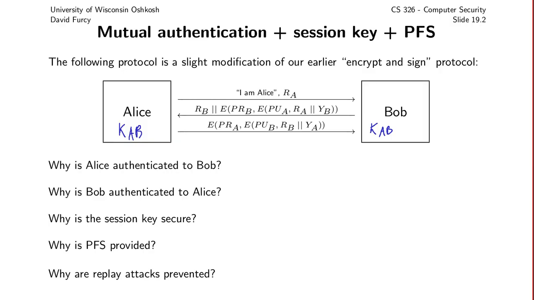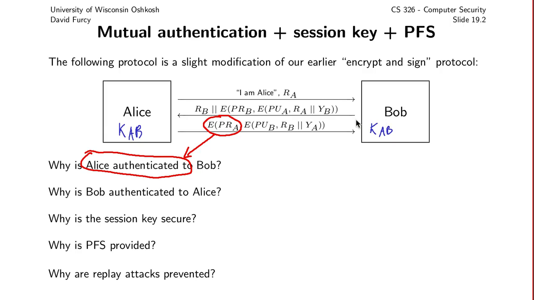Okay, so the first question is, why is it true that Alice is authenticated to Bob in this protocol? Well, the authentication of Alice to Bob is performed essentially with this operation, because this is the operation according to which Alice is using a private key, which only she knows, to essentially sign this third message.